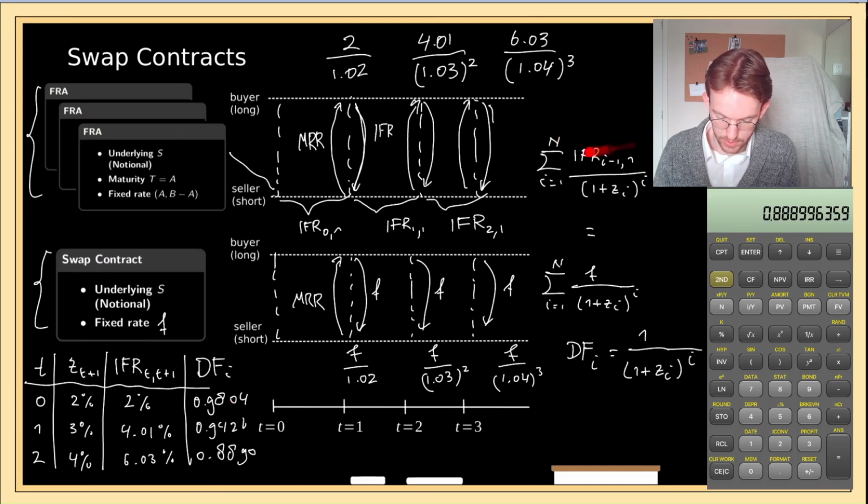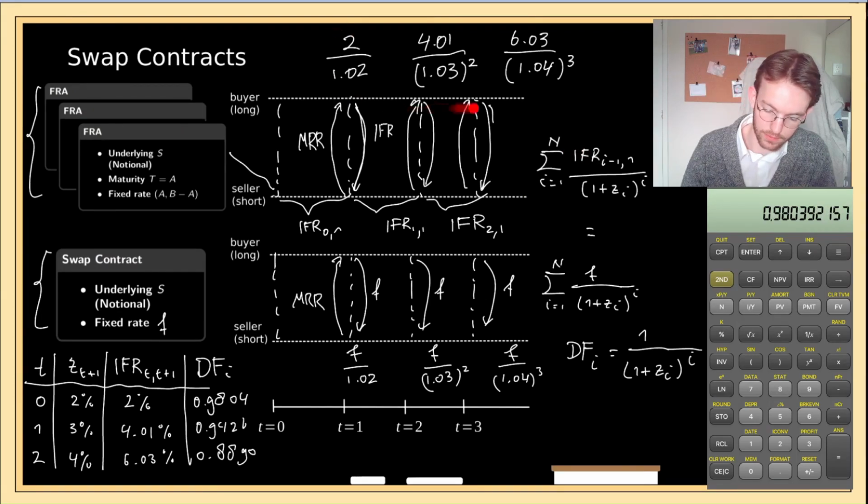you can very easily solve this equation. And to solve it, we first look at this big sum, and we can just compute it by multiplying 2 times the discount factor plus 4.01 times the second discount factor and 6.03 times the third discount factor.